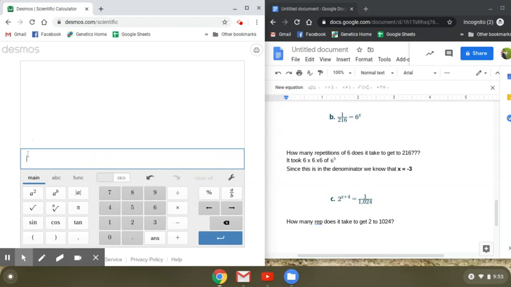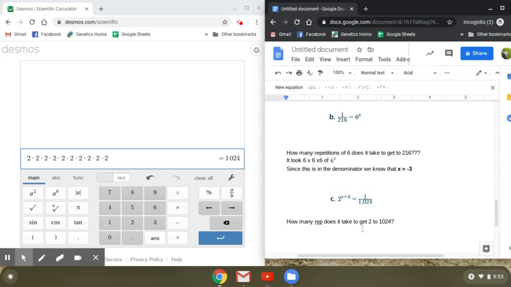So how many times did that take? 1, 2, 3, 4, 5, 6, 7, 8, 9, 10. Okay, so 2 raised to the power of 10 is equal to 1024.